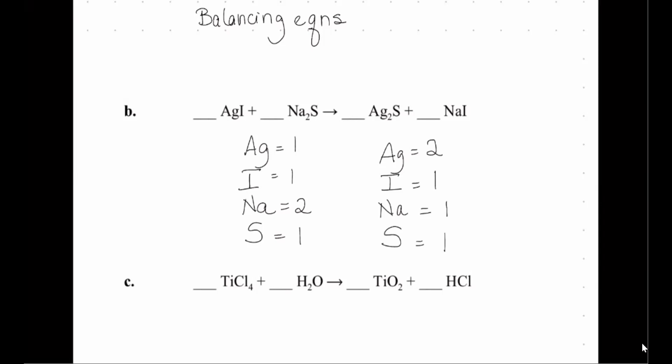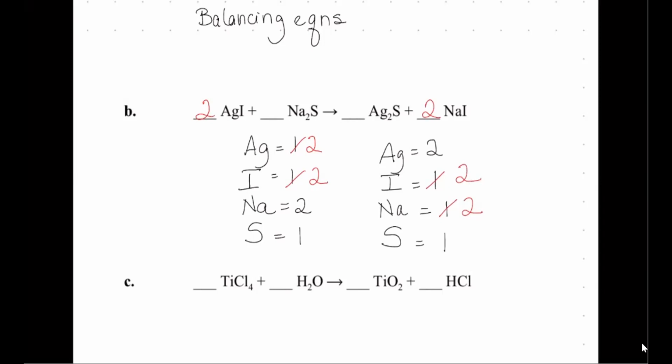Let's say that we start with the silver and I put a 2 here. That takes my silvers to 2. That takes my iodines to 2. Now, when I look at sodium and iodine, they are in the same compound in the product. So if I put a 2 here, that takes the sodiums to 2, that takes the iodines to 2. We have the same number of atoms on either side.